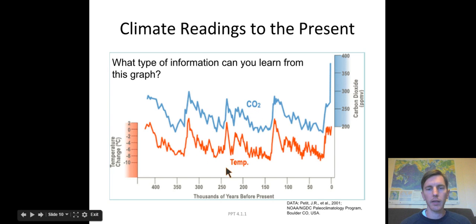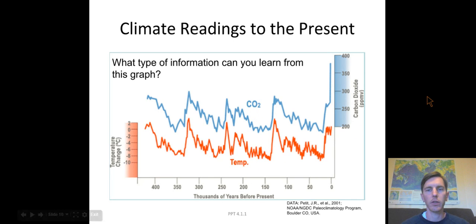The red line I see is labeled with temp, or temperature. So I'm guessing this has something to do with the temperature of the Earth, which makes sense since when you talk about climate, you talk a lot about temperature, and you hear a lot about carbon dioxide in the atmosphere. So it makes sense to me that if I'm looking at a graph about climate, I'm going to see information about carbon dioxide and about temperature.